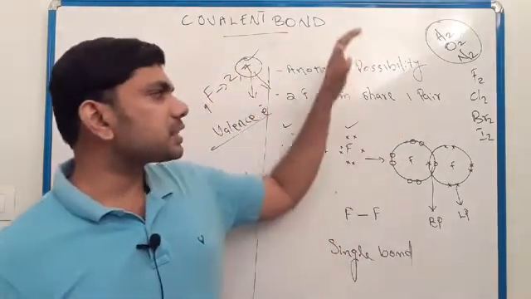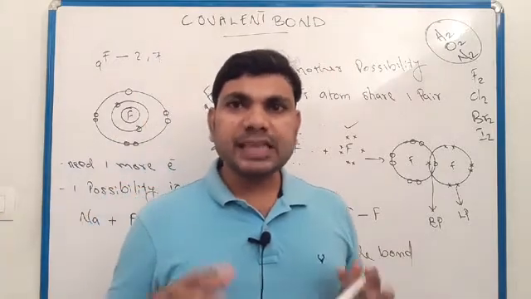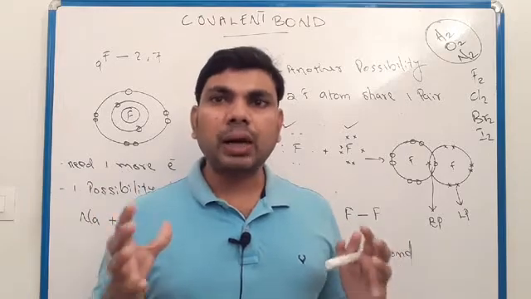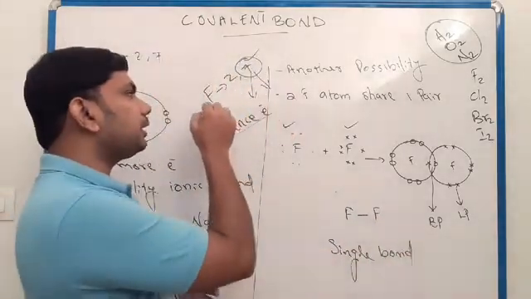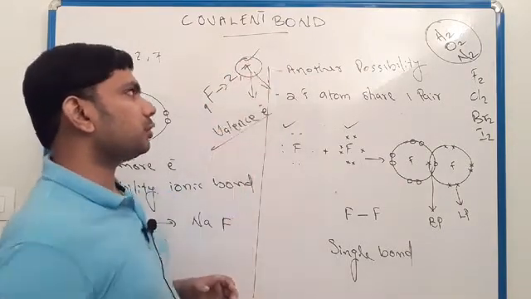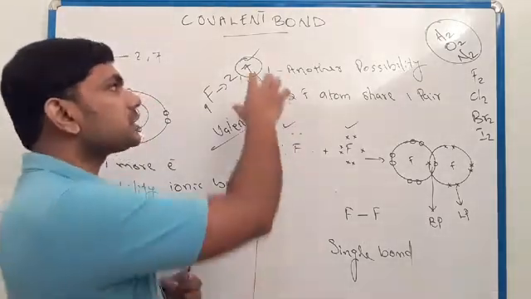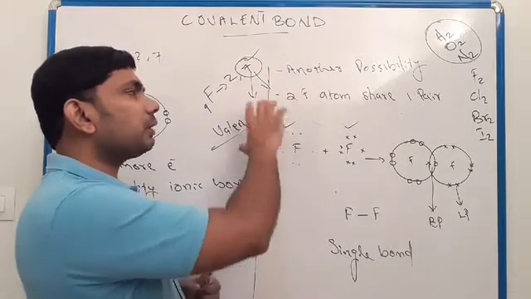We have to discuss here the second possibility. Two fluorine atoms share one pair of electrons. See here, fluorine atomic number 9, first shell 2 electrons, second shell 7 electrons. This is the outer shell, with only 7 electrons.